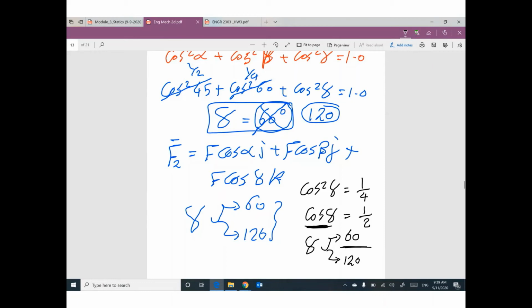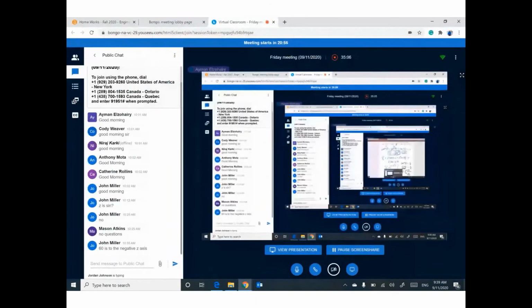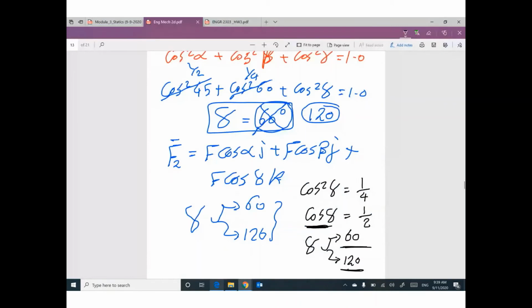So why you are talking about 120? Okay, June, you are right, but mathematically, I'm asking mathematically. This equation, I'm missing something here. How can I get 120?